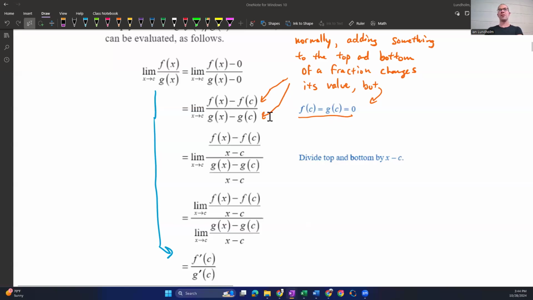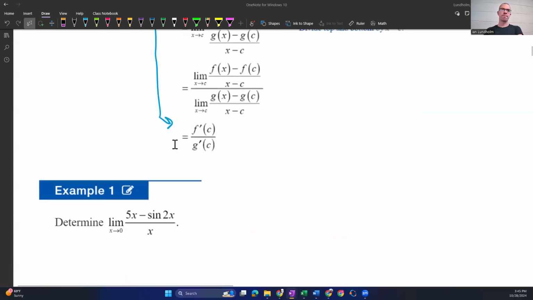So we're able to make a number of tweaks and turn the limit of f over g into the limit of their derivatives. We can look at the ratio of their derivatives and get a value for this limit that we wouldn't otherwise be able to calculate.